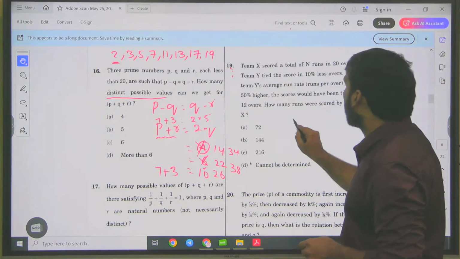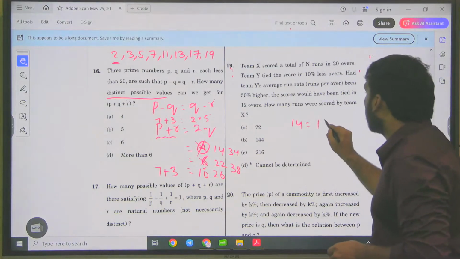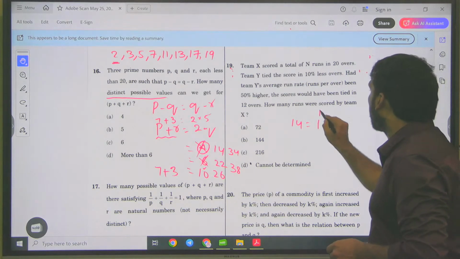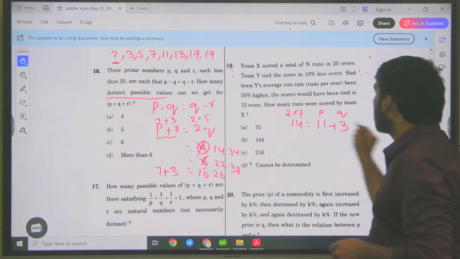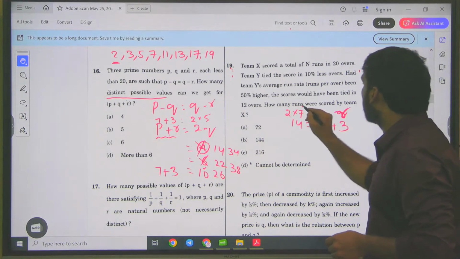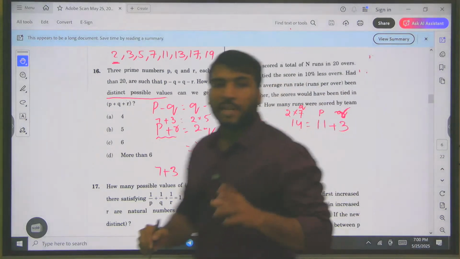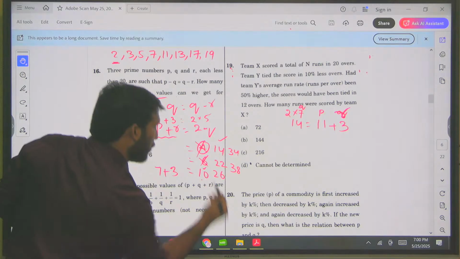Next, if I take 14, I should add 2 numbers, which is 11 plus 3. This is p, this is r, and this is q, 2 into 7. So 3 distinct prime numbers. I'm getting the value, right? Next, 14 is possible, that's two values.